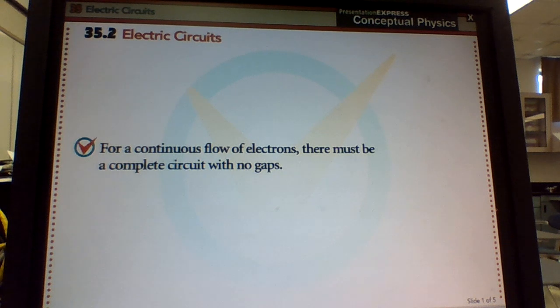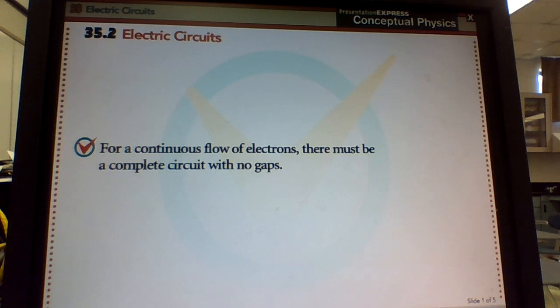Now, electric circuits. For an electric circuit to work, there must be a continuous flow of electrons. There can be no gaps in the wires. A mouse comes along and chews one of the wires. A wire gets bent too many times and finally breaks. This causes a problem. A bulb's filament will eventually sometimes break.